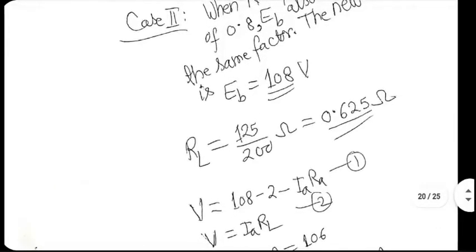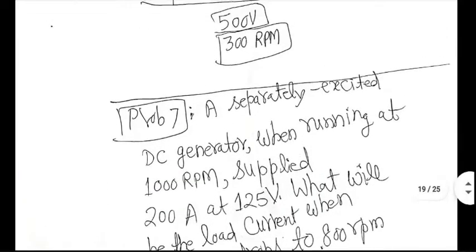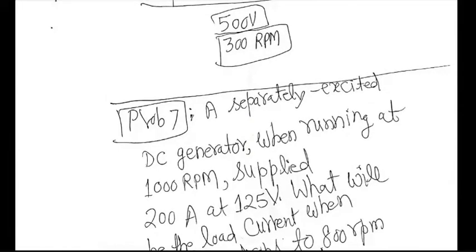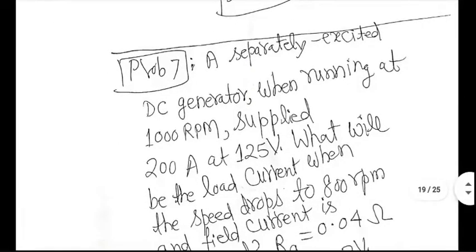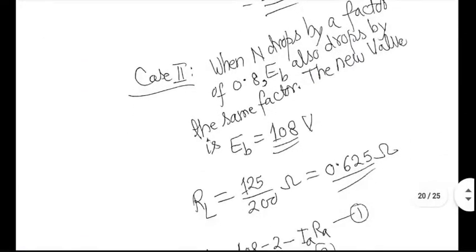Okay, the load resistance is not changing. So load resistance value actually is 125 volt divided by 200 ampere. So 125 divided by 200 and the result is in ohms. So load resistance can be calculated based on info given in part 1.